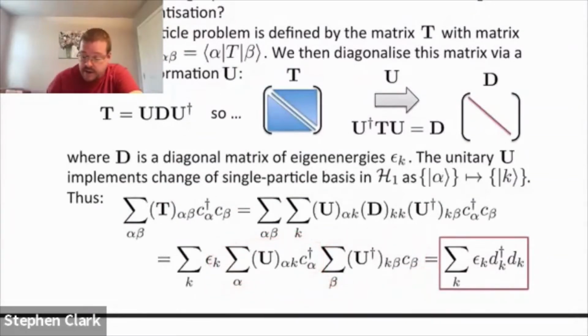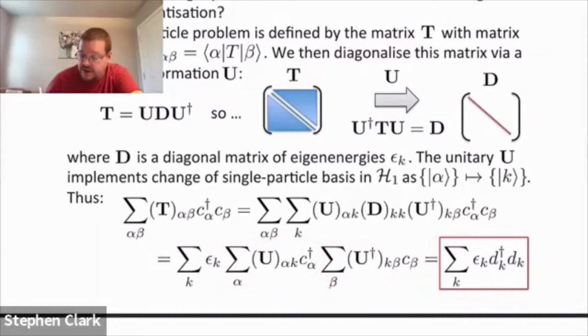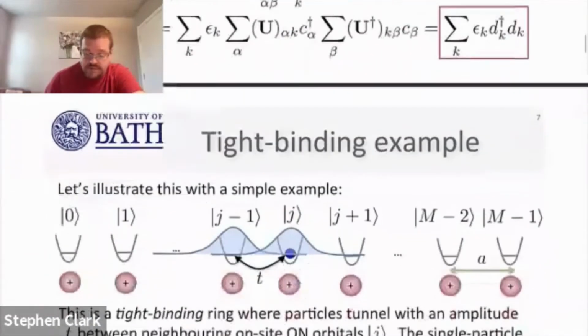And so what you've ended up with is what a diagonal Hamiltonian looks like in second quantization. It's a sum of number operators. These just count the number of particles that are in any given single particle eigenstate, which is exactly what this basis is. It's the eigenstates of the T matrix. And we would love to get everything into that form because it's really easy to deal with diagonal Hamiltonians.